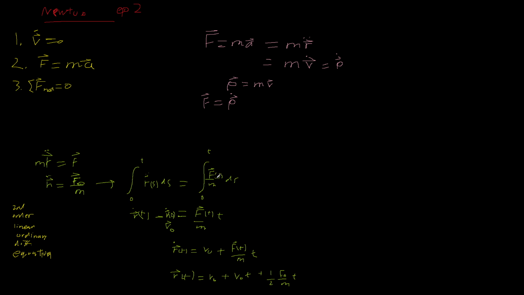This is just going to be F naught, right? So sorry for that confusion. Right, and so we can solve this differential equation for r, and we get this nice equation.